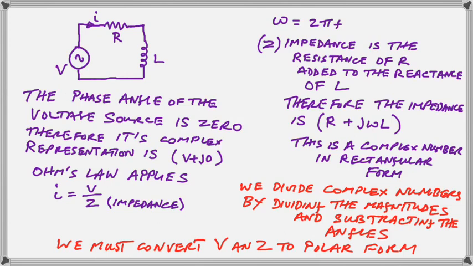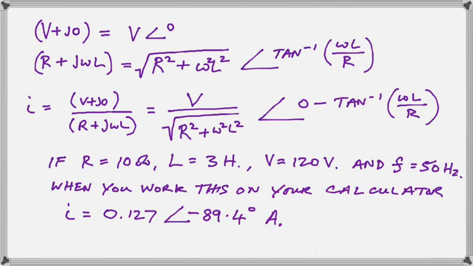But in order to divide complex numbers, it's easier if we put them into the magnitude and angle form, because then we simply divide the magnitudes and subtract the angles. So if we want to convert V and Z to polar form, we can easily do that as shown here in the slide using the simple definitions that we had before.